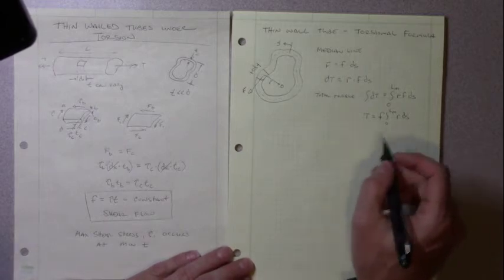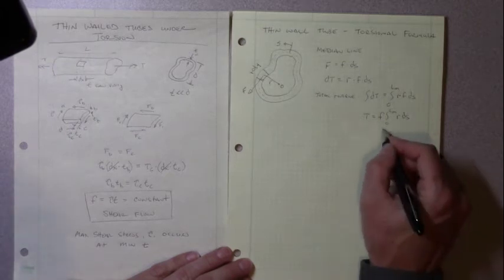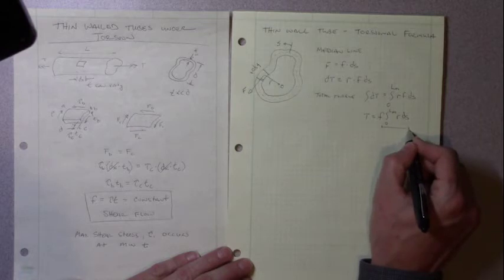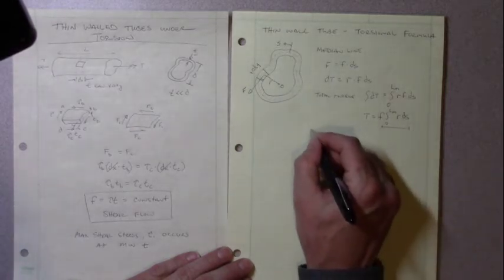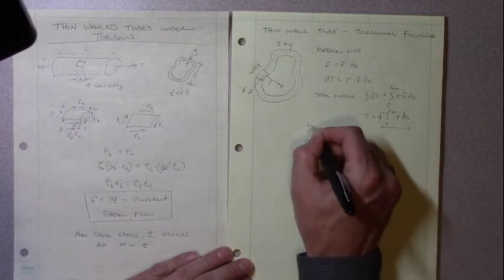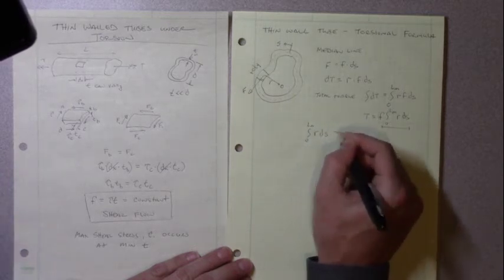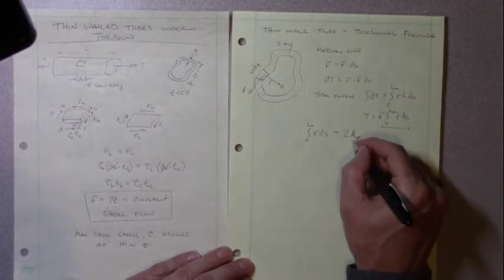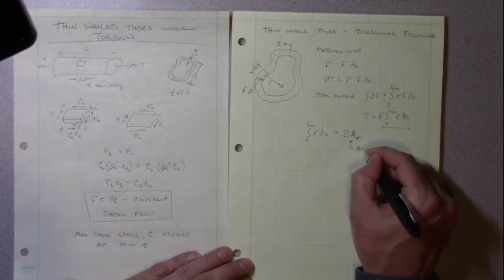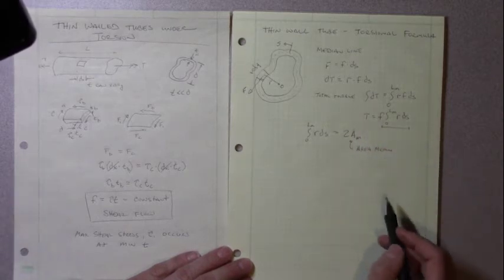I'm not going to go through all of the math here, but we can say the integral from 0 to Lm of r ds is equal to 2 times Am, where Am is the mean area.